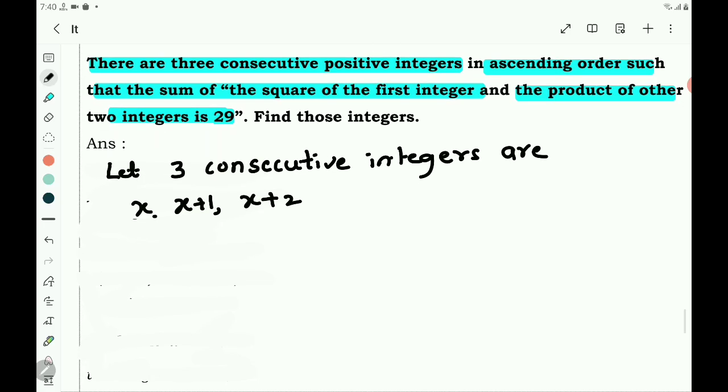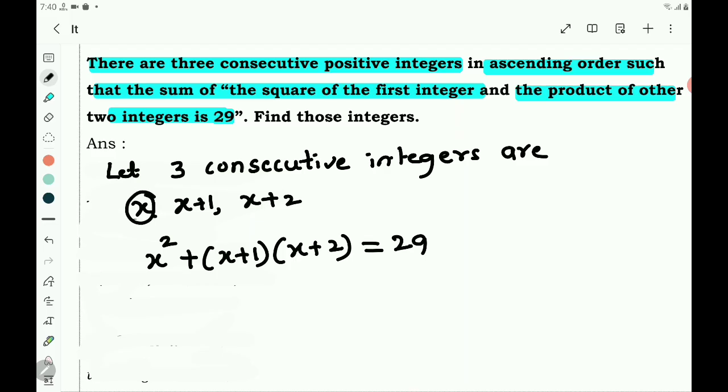The square of the first integer plus the product of the other two, means first integer square means x square, product of the other two means x plus 1 into x plus 2, equals how much? 29. Here x square plus x plus 1 into x plus 2 equals 29.